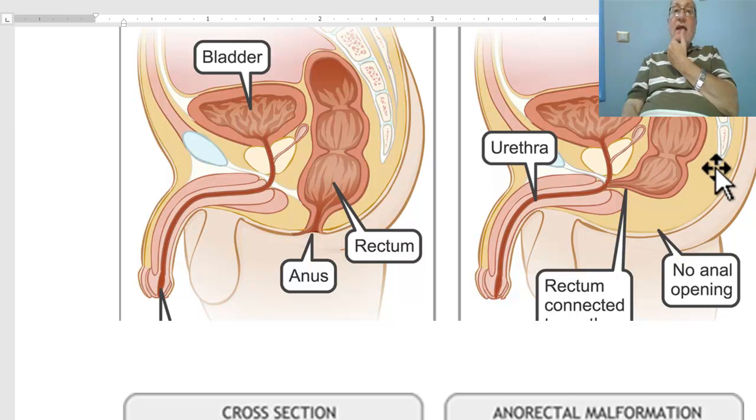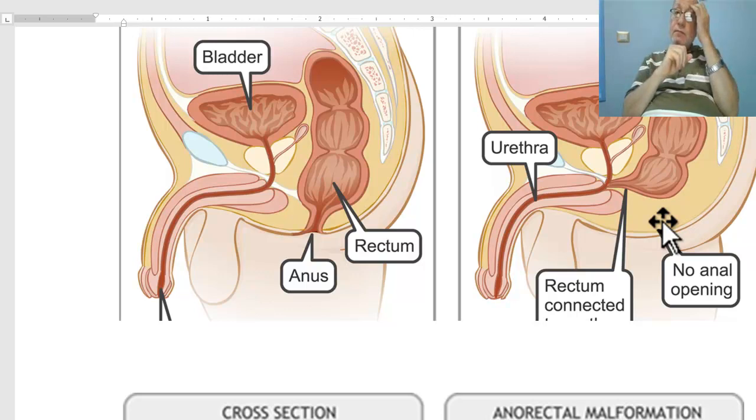Because the operation begins by a median sagittal incision from the sacrum to the anal dimple. Therefore, it's called posterior sagittal.